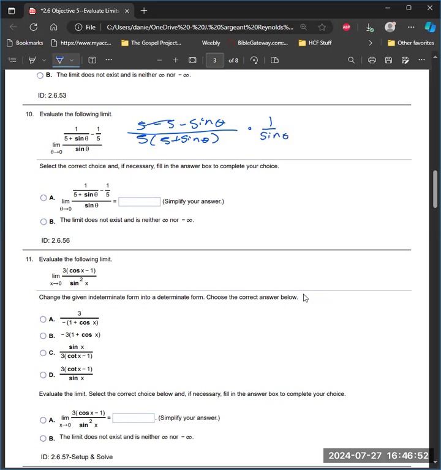This is going to be a negative sine theta over sine theta, which is -1. This is -1 over 5 times 5 plus sine theta. Take the limit as theta goes to 0, that's going to be -1 over 25.